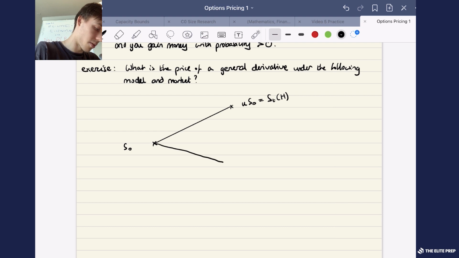We also have D S0, which is the case where we throw tails. This happens with probability P. This happens with probability 1 minus P.